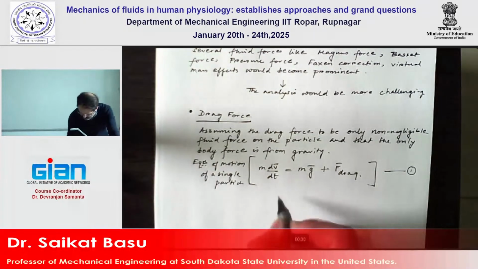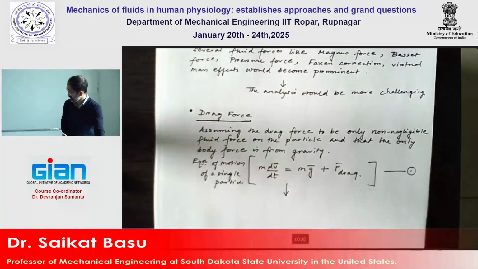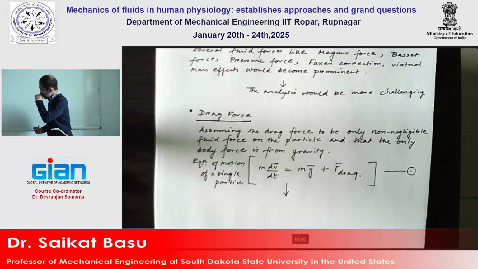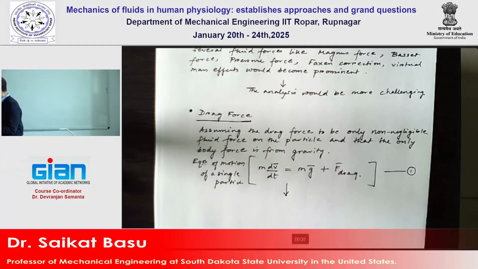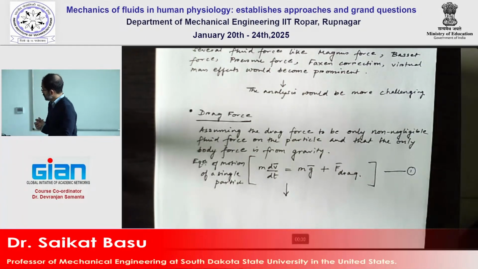Now to solve this equation, we do need to solve this equation because we want to get the particle trajectory, right? So we need to solve for the velocity, and integrating the velocity, we get the trajectory of the particle.